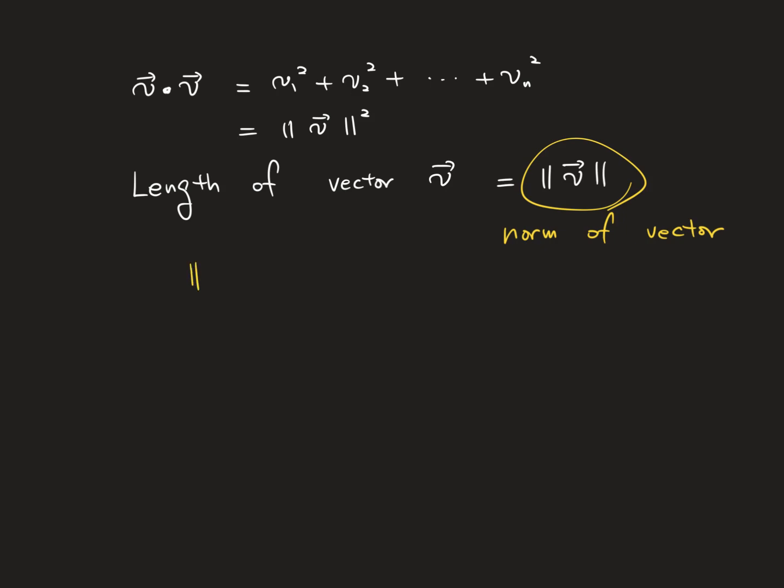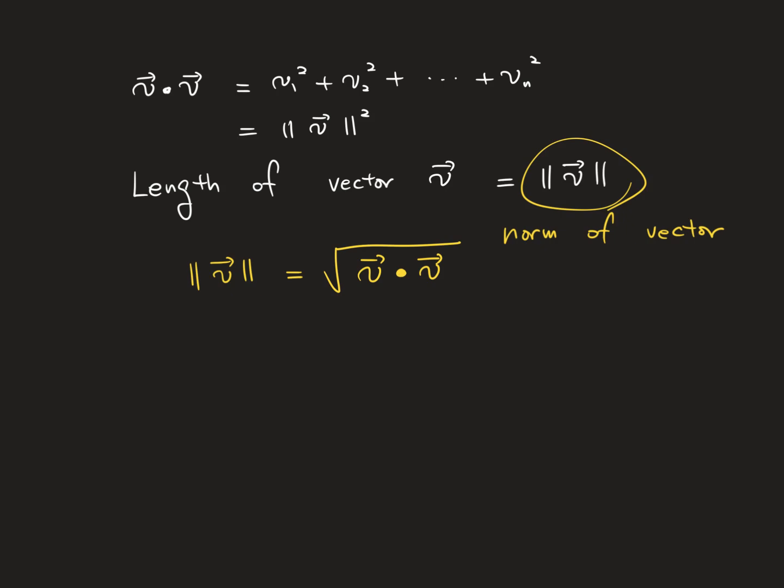So the norm of vector v is defined as the square root of the dot product. Okay, so we can easily find the norm of the vector using a dot product.